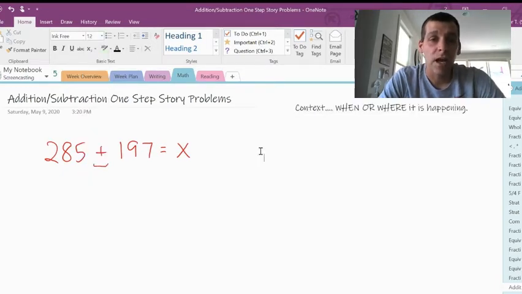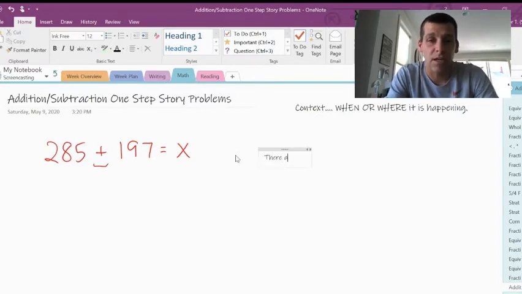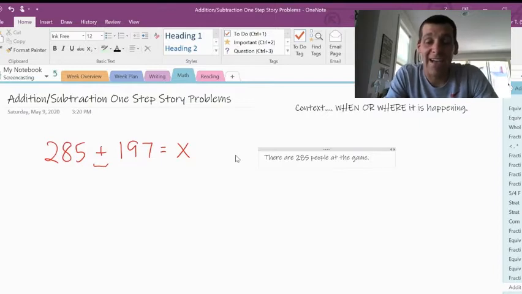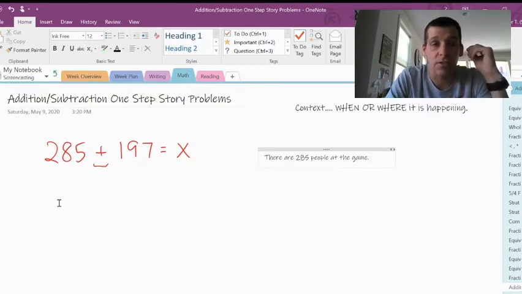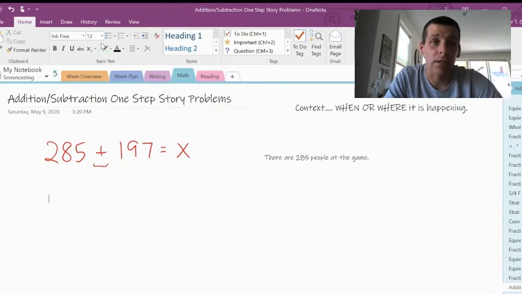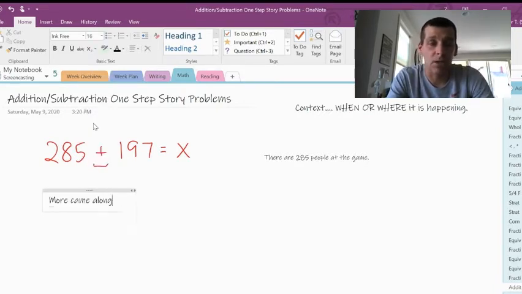So in here, I'm going to start with my total, which is something like there are 285 people at the game. Then I want to add to it, and there are a lot of words that I could use to go about using the idea of adding here. I might say that more came along. I could say that some were added.